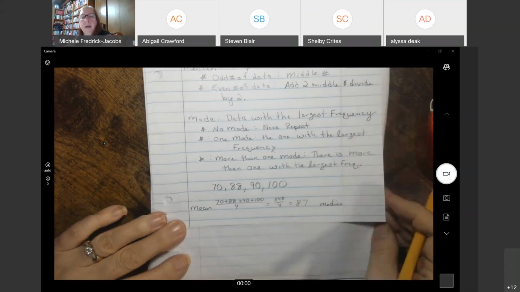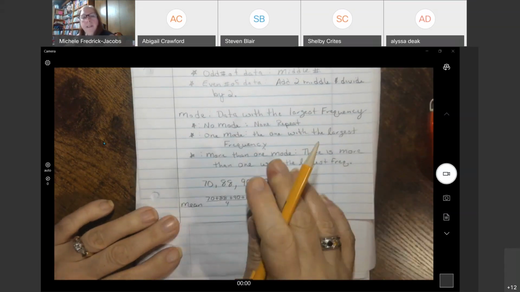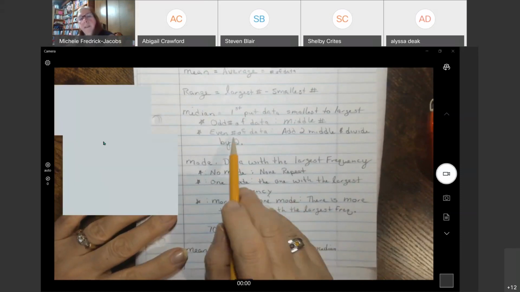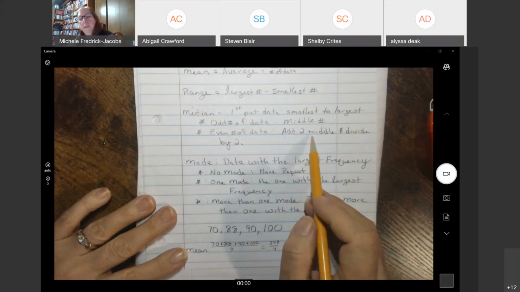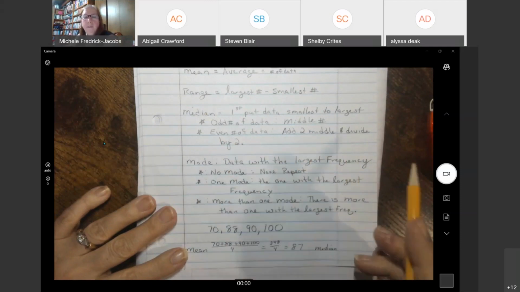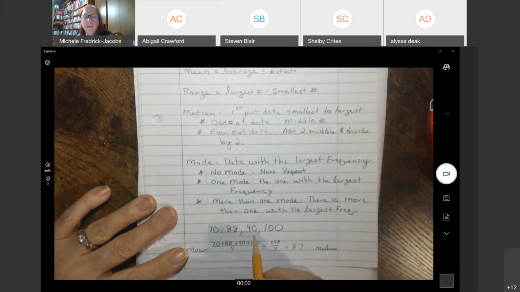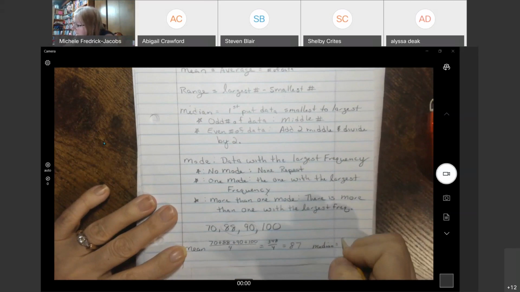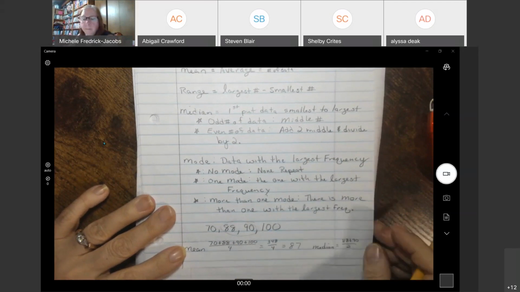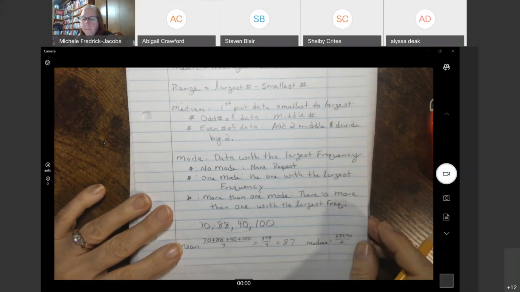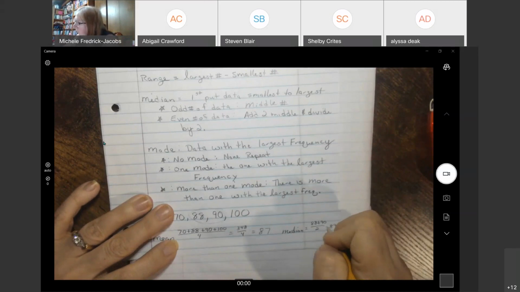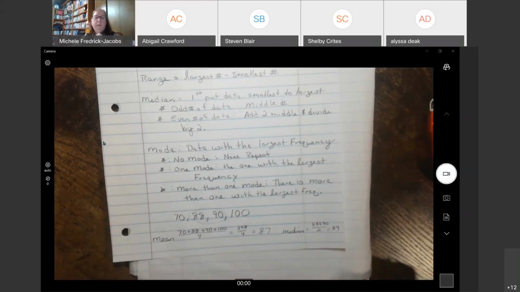Median is the middle value. This one has an even number of them. You're finding the median and it's an even number. Add the two middle and divide by 2. You're finding the middle of these two values. You get 89.